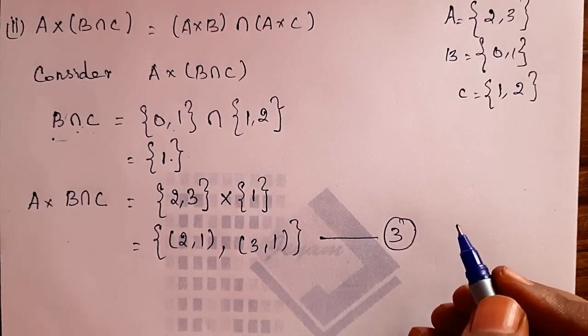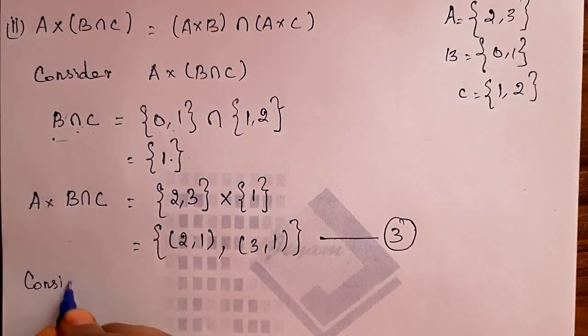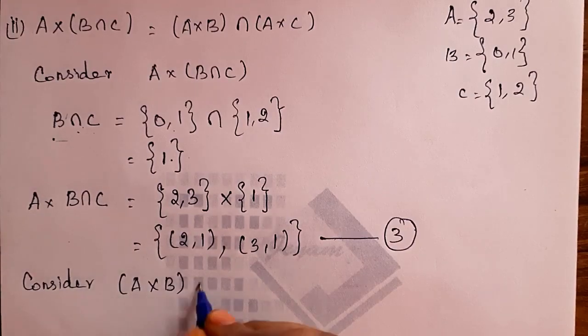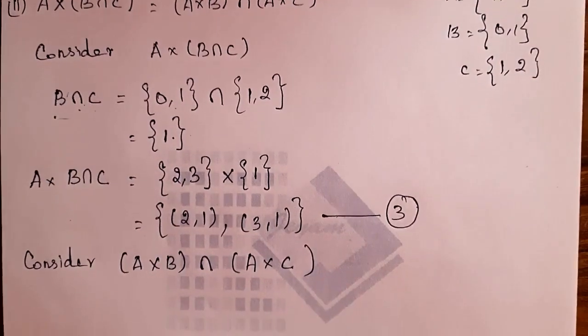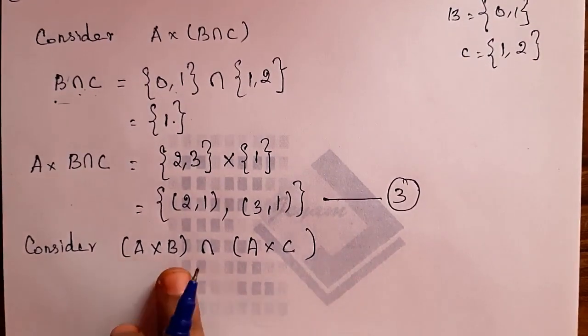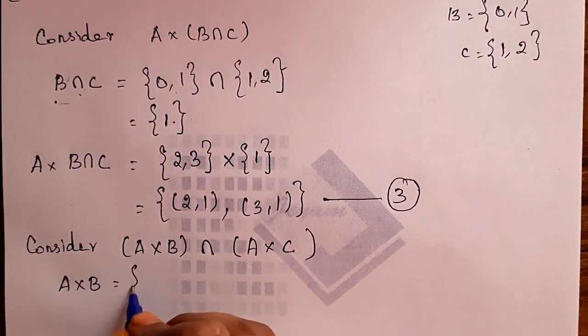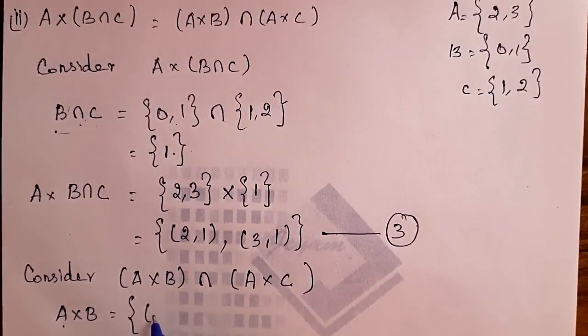So next we can write the RHS: (A cross B) intersection (A cross C). First you can take A cross B. A cross B is the set of all ordered pairs. What is A? A is {2, 3}.